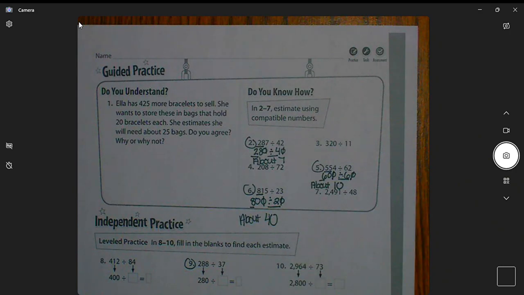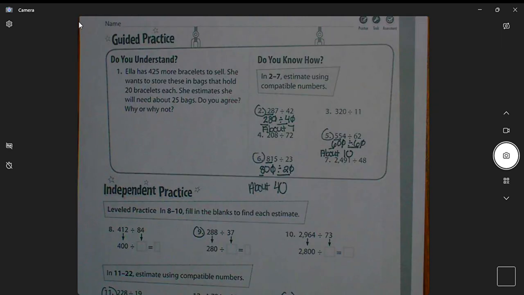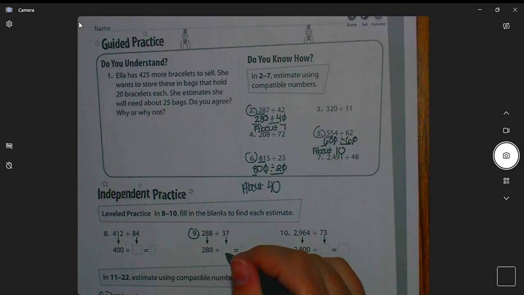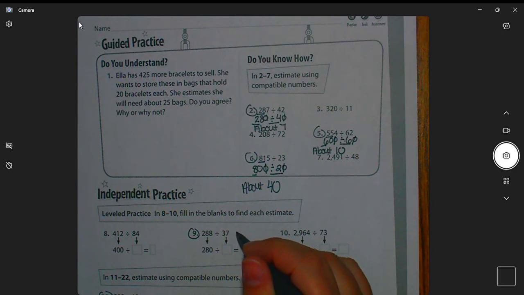Now, let's look at number 9. Because number 9, they've given me a clue. 280 divided by, gives me, what do you think 37 will round to?